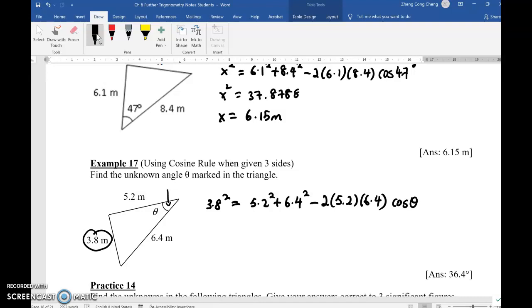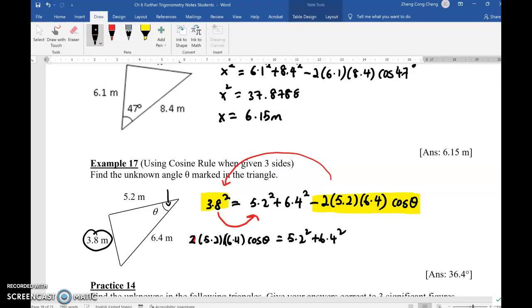Now, how do we manipulate to get cosine theta the subject? We are going to shift this whole side to the left so that it becomes positive, and then we are going to shift the 3.8 squared to the right. So we end up with 2 times 5.2 times 6.4 cosine theta equals 5.2 squared plus 6.4 squared minus 3.8 squared.